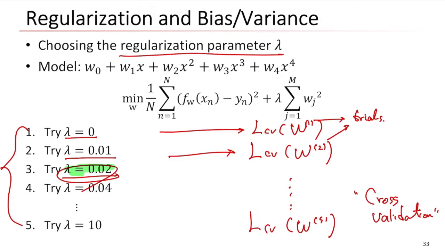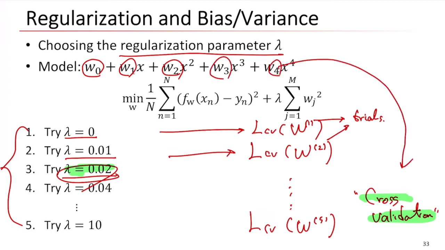In other words, unlike the machine learning parameters W1, W2, W3, something like that, the hyperparameter lambda, we cannot train during the training phase.